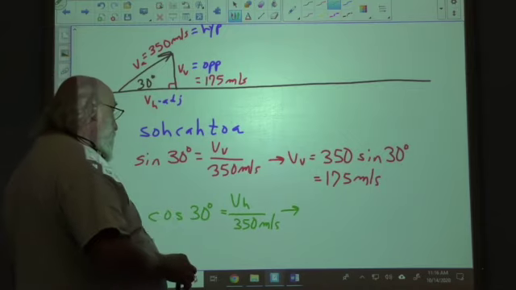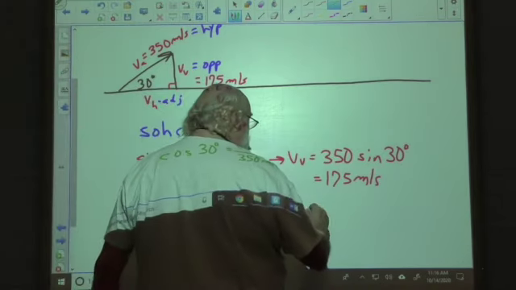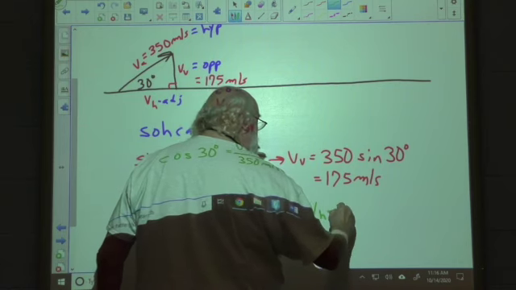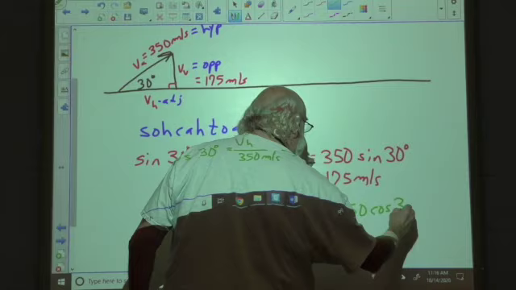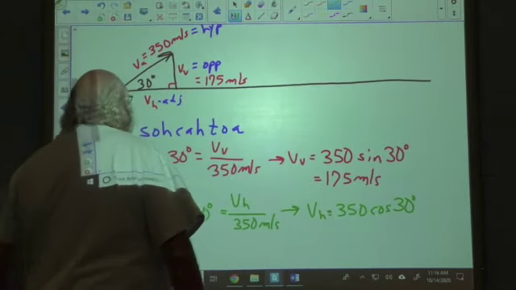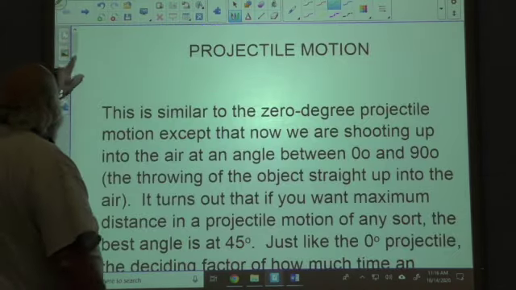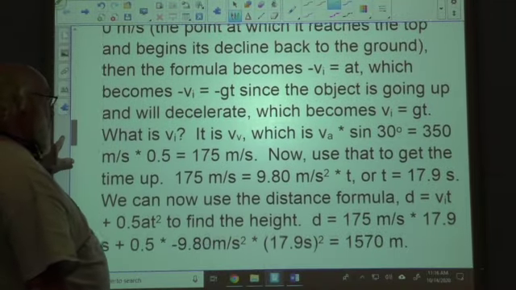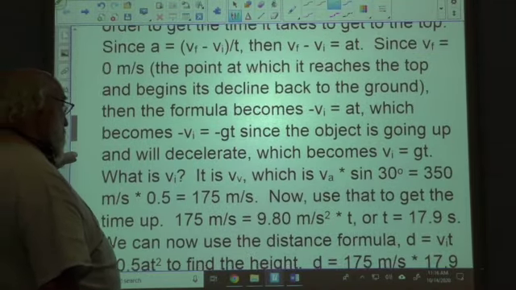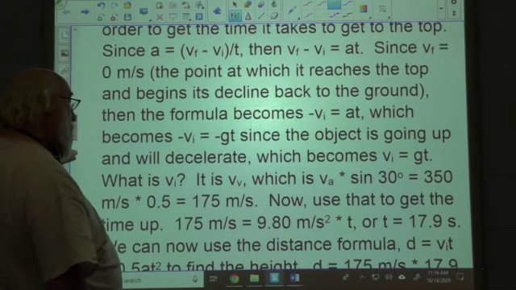So we multiply 350 by the cosine of 30 degrees, so VH is 350 times the cosine of 30 degrees. I don't remember that very well, so I'm going to have to check that one out here. Let's see. VH, where are you at?